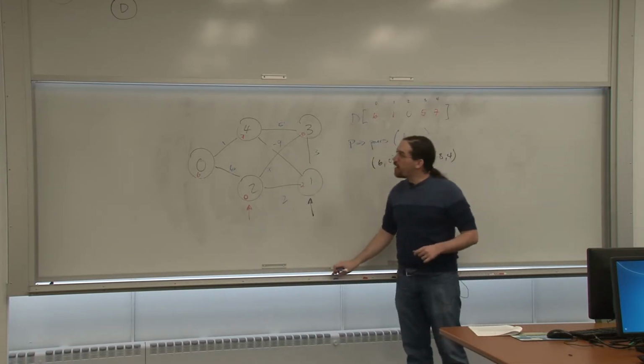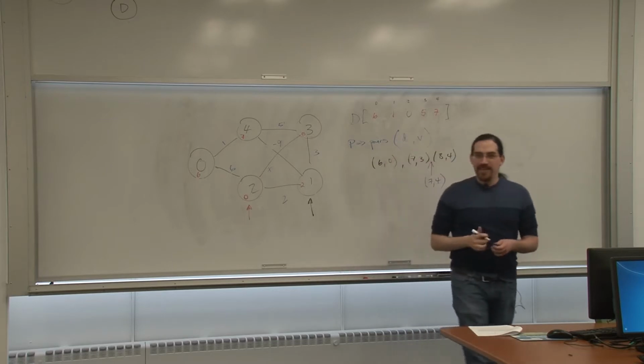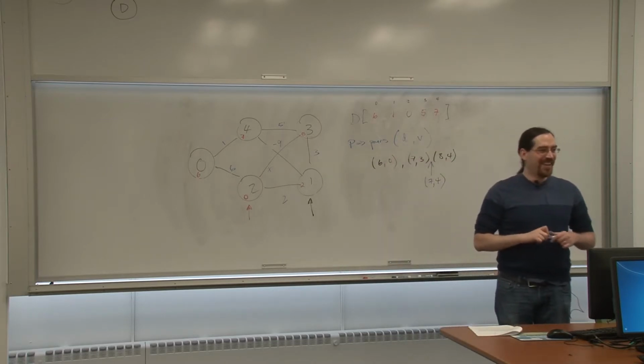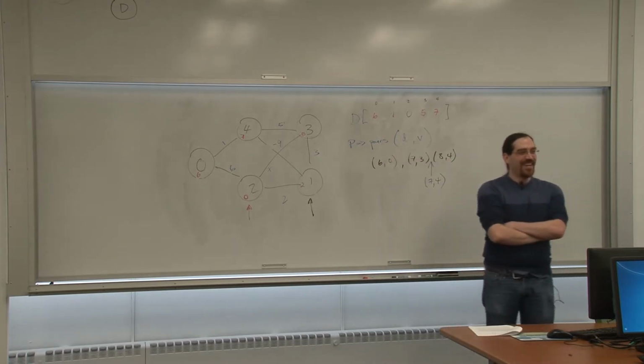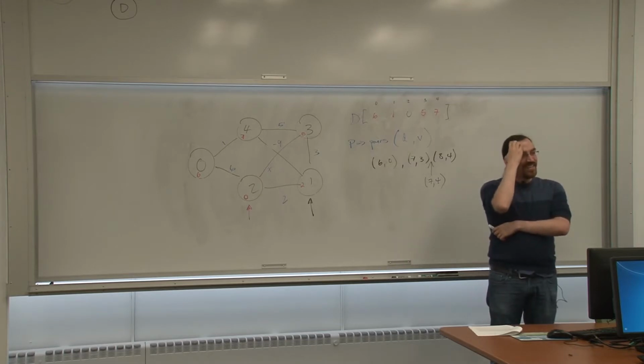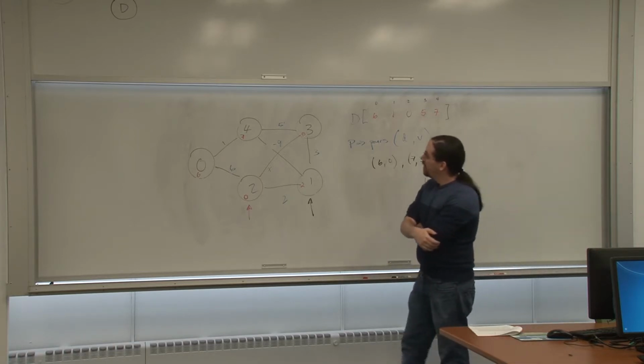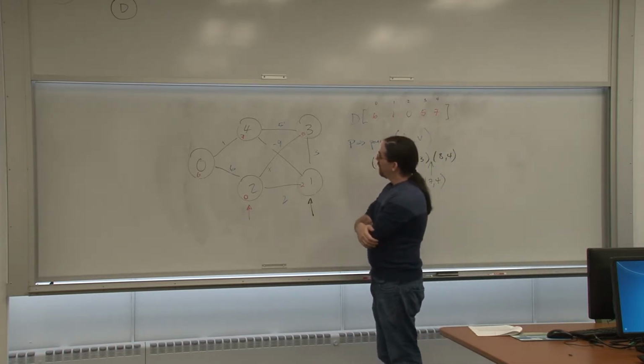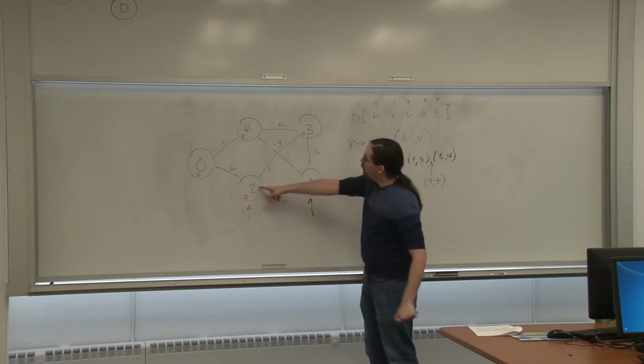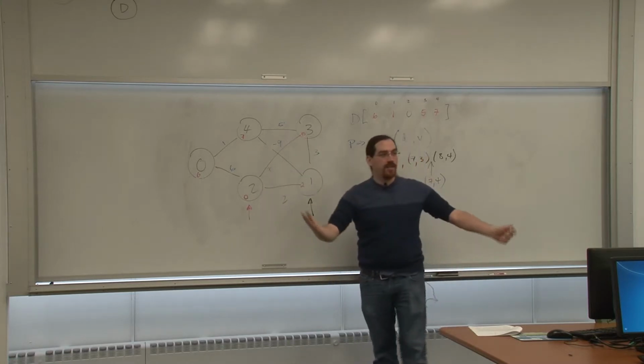What's the shortest path from 2 to 3? It's now going to be -9, right?